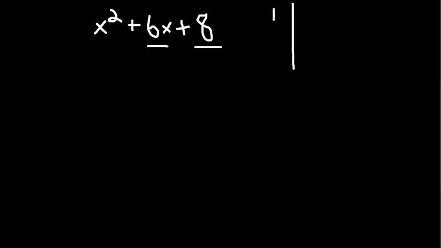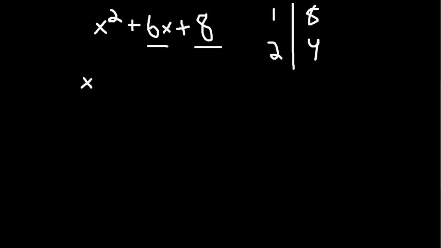If we set all the pairs that we have, there's only two pairs of integers that give us 8: 1 and 8 or 8 and 1, and then 2 and 4 or 4 and 2. No matter how many times you add or subtract 8 and 1, you'll never get 6. You just can't. However, if you add 2 and 4, you will get 6.